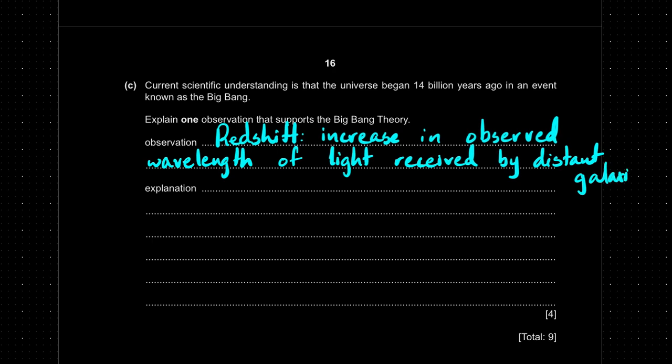And the reasoning behind this is that if the wavelength is larger, this means that the galaxies or stars are receding away from us.